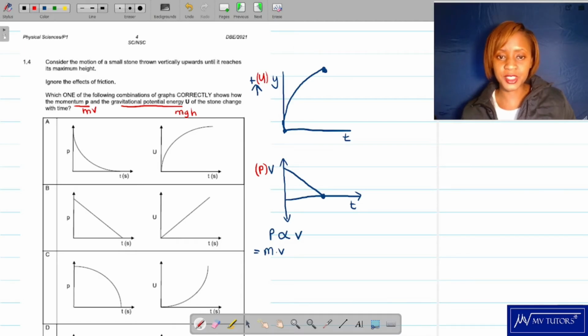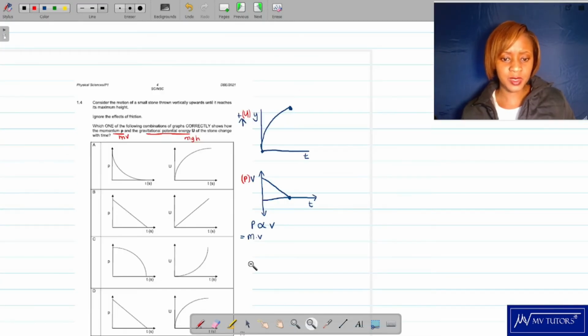gravitational potential energy. The height was 0 to begin with, and then it reaches its maximum there, and it's a curved graph. So which one of all these options tells us exactly what's going on?